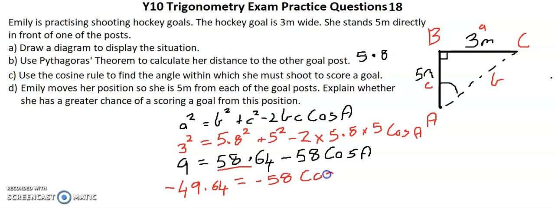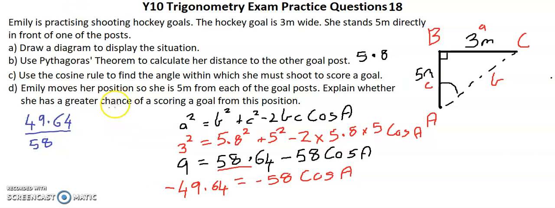And that is equal to negative 58 cosine a. So the next step, we need to get cosine a by itself, so we divide by negative 58. That gives us 49.64 over 58. I've kept it in this form, just the negative and negative cancelled out.